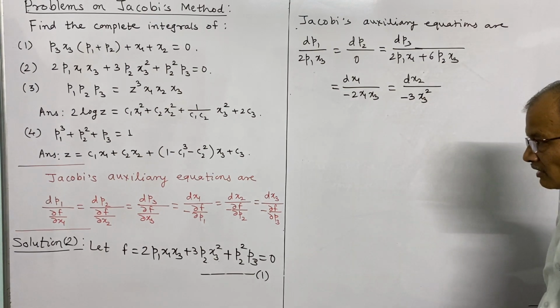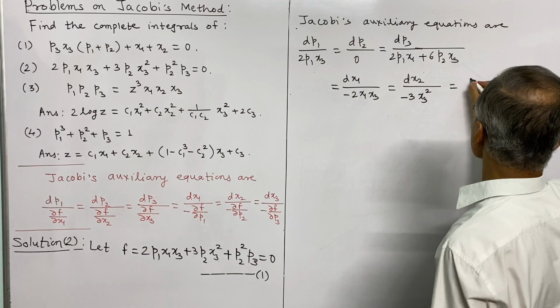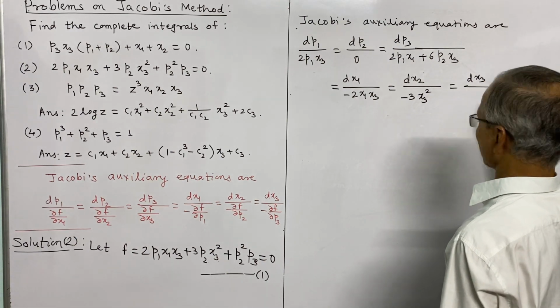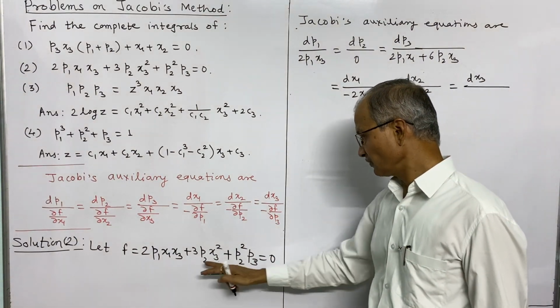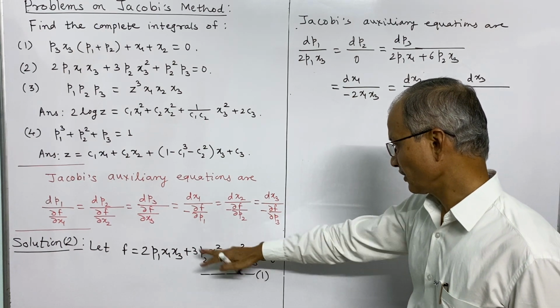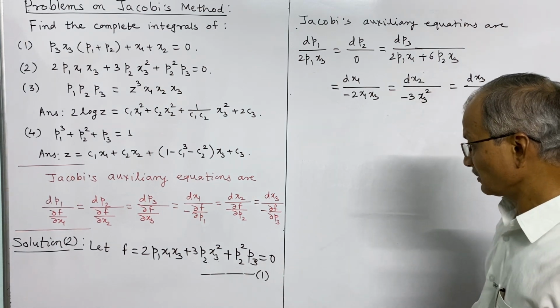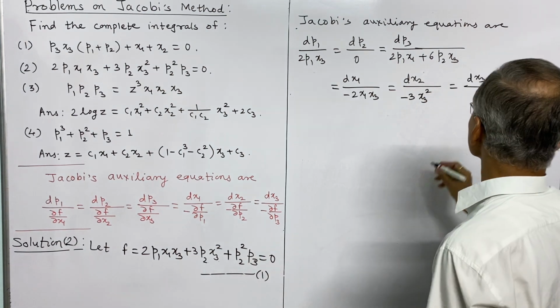So Jacobi's auxiliary equations we are writing, and the last one is dx3 divided by partial derivative of f with respect to p3. You see, this is the last term, and remaining will be 0. This is 0, this is 0, and this is with respect to p3, that is p2 square.